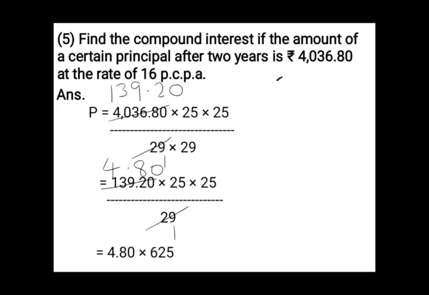Square of 25 is 625. Now you have to multiply 625 into 4.80.